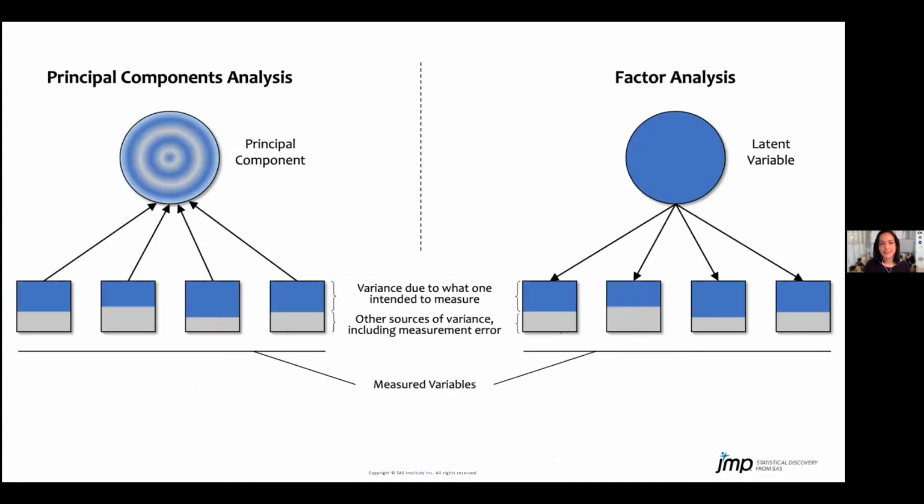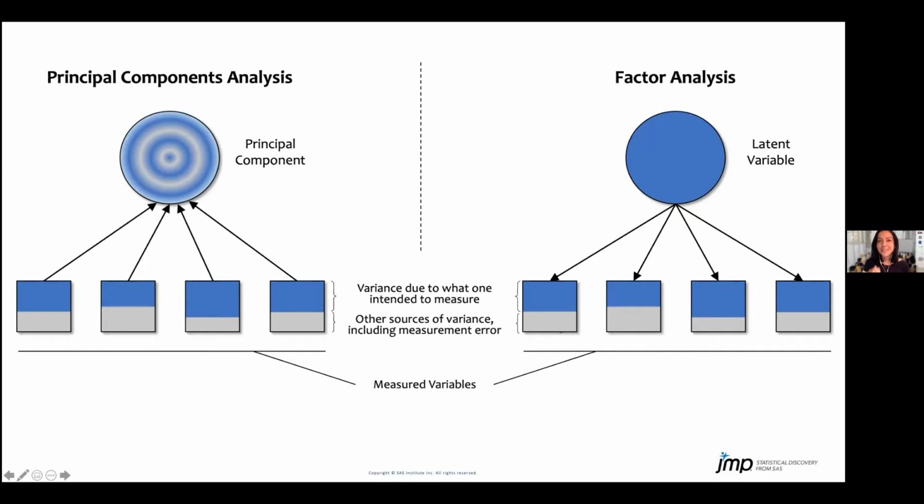And so in this image, what I have on the right-hand side is a latent variable from a factor analysis perspective. And notice I'm using the same squares to denote observed variables, but I shaded them with different amounts of blue. And so the blue area represents the variance that is due to what we intended to measure.